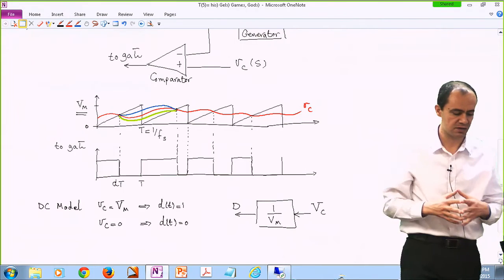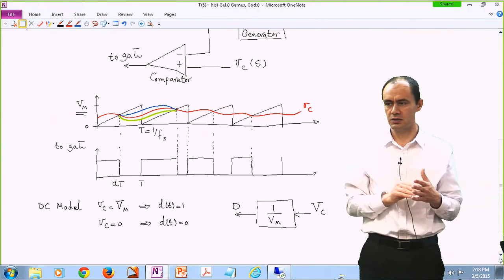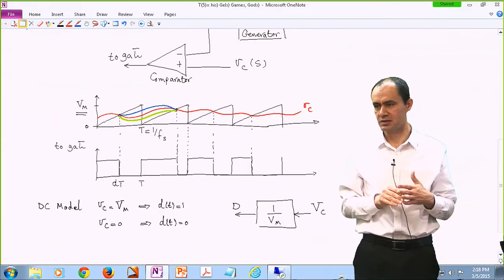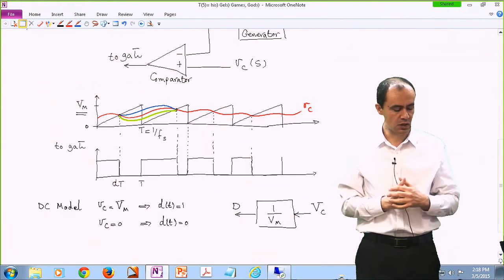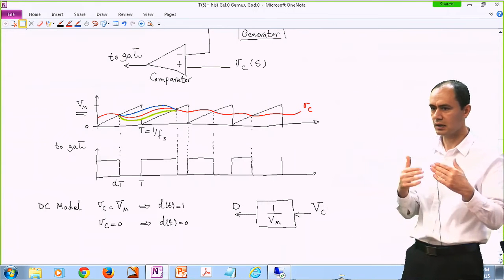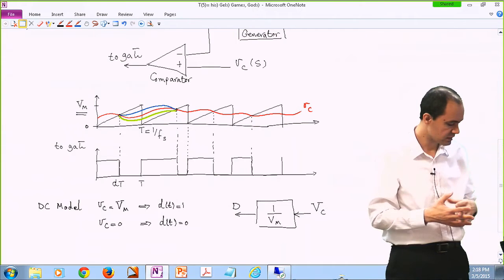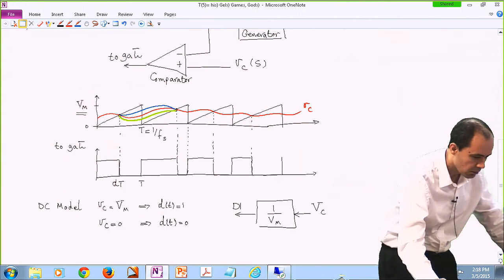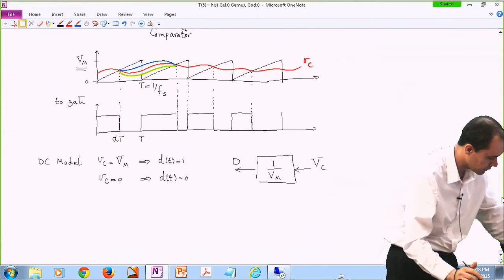Okay, remember this is an average model. The output of the PWM block is not a continuous signal, but on average it represents the duty cycle. So if I double the size of VC, the duty cycle is going to double, assuming that you still have an intersection. So this is basically a very simple DC model for our PWM block.